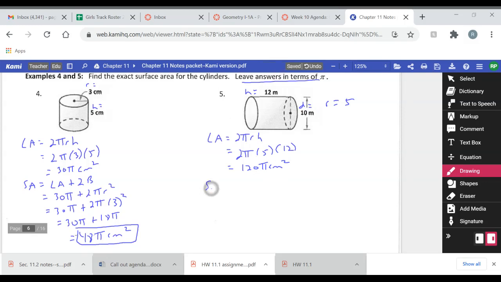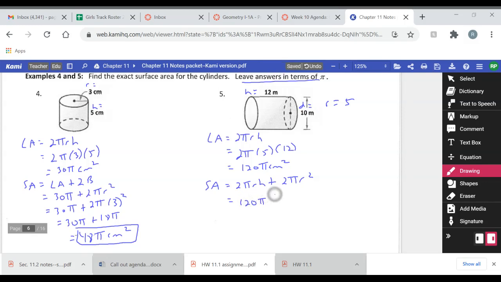And then for the total surface area, again, I want to show you the other way that you sometimes see it written. Sometimes you just see the surface area as 2 pi r h plus 2 pi r squared, instead of the LA and the capital B and all of that. So I've already found the 2 pi r h. That's my lateral area that I just found, 120 pi.